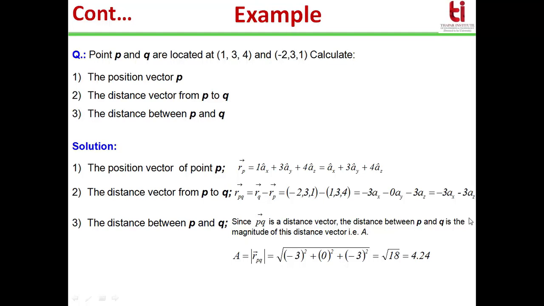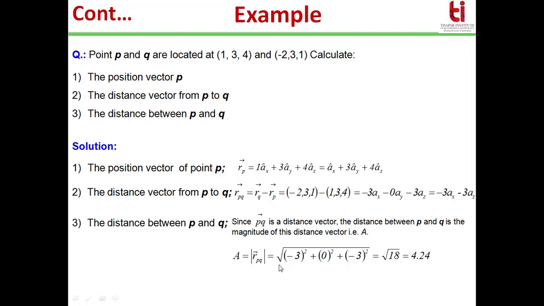And the third question is what? That is the distance between P and Q. Since vector PQ is the distance vector, the distance between P and Q is the magnitude of this distance vector, that is A. So A is basically the magnitude of what? That is the vector RPQ.